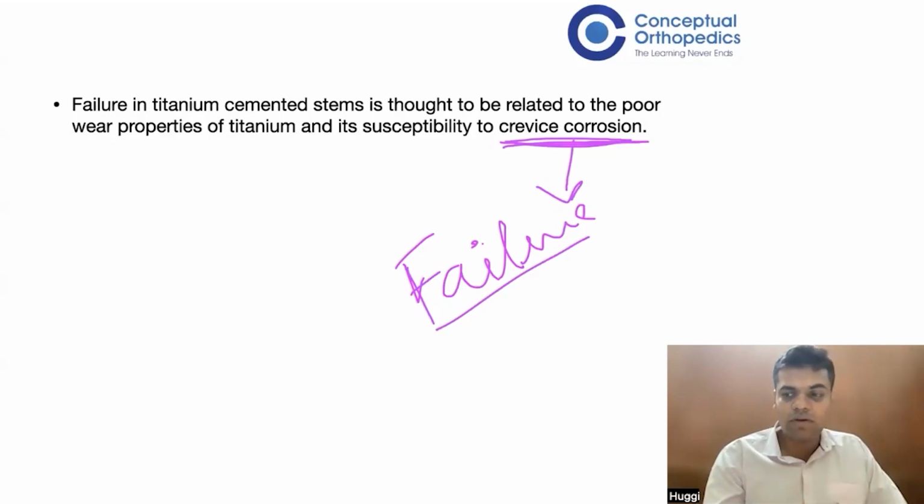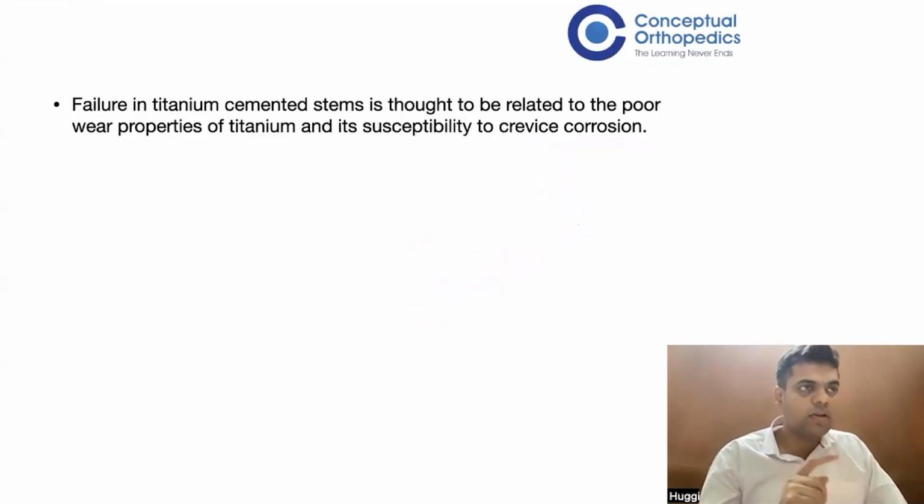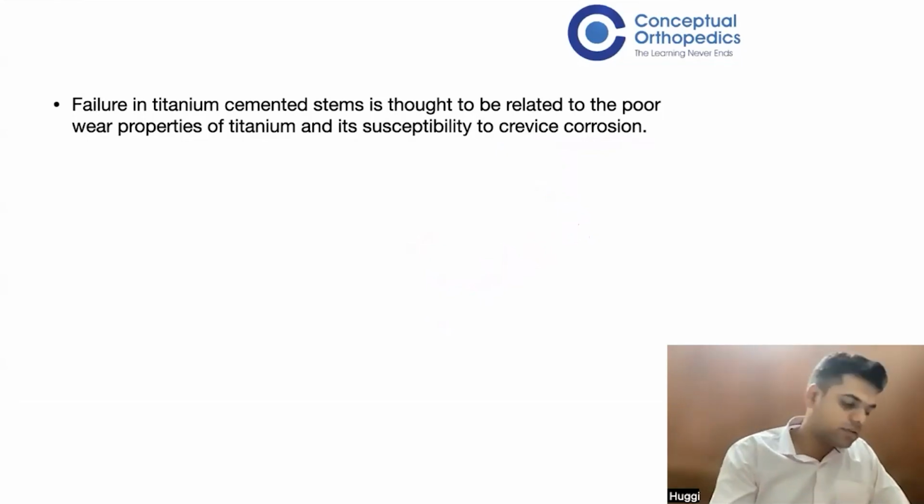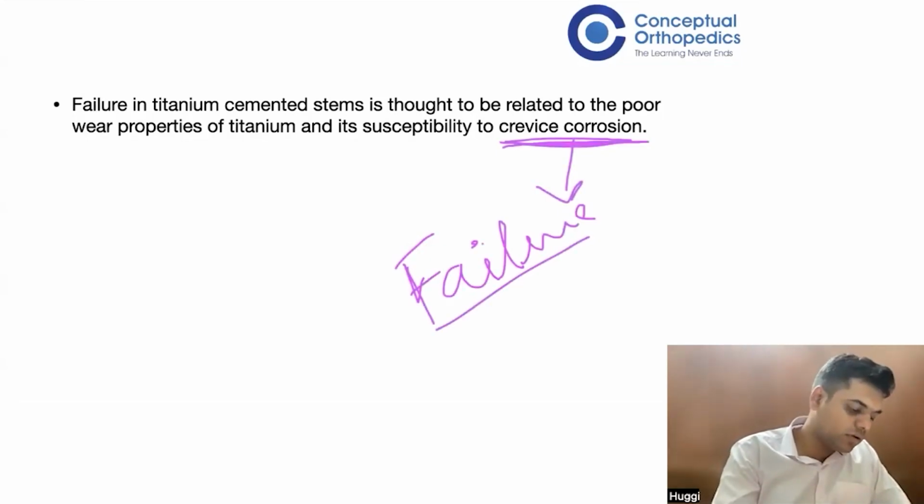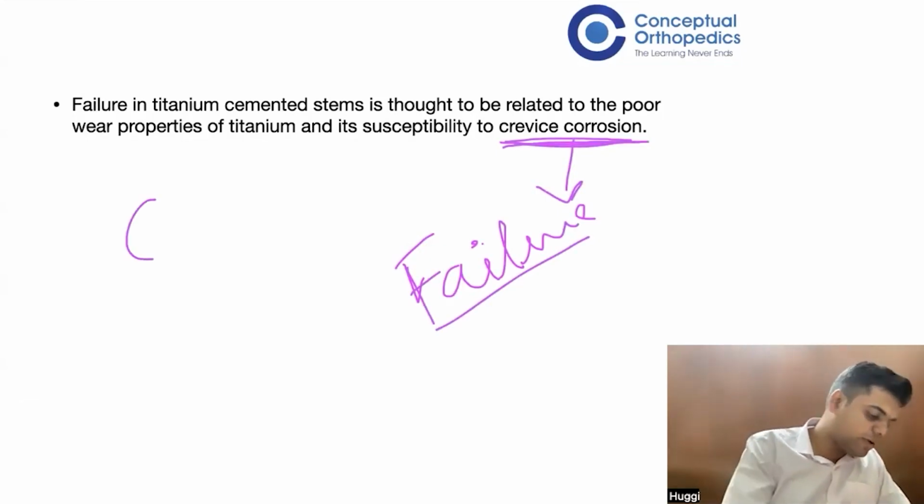It is the cobalt chromium stems that are preferred. Okay, cobalt chromium alloy or stainless steel stems are preferred. Because of this nature, they have stopped producing titanium prostheses. Okay, you should always go for CoCr alloy. What is called CoCr alloy? Cobalt chromium alloy.